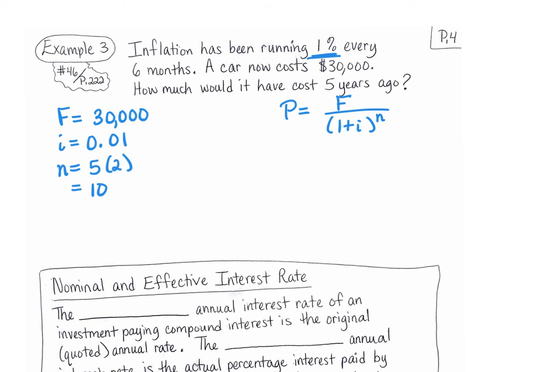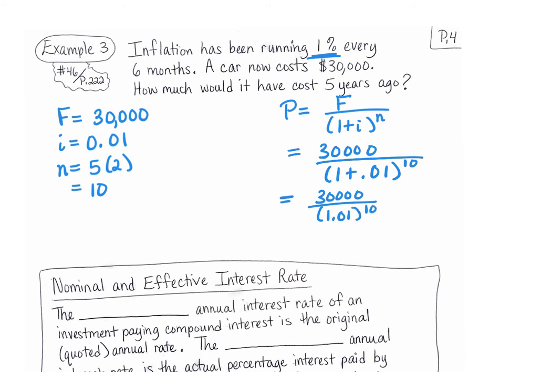So P is equal to F divided by this. Substituting our values, we have 30,000 divided by the quantity 1 plus 0.01 raised to the 10th power, which is 30,000 divided by the quantity 1.01 raised to the 10th.